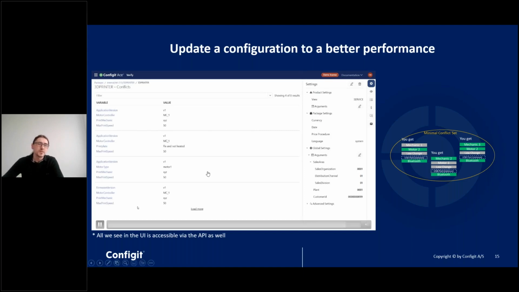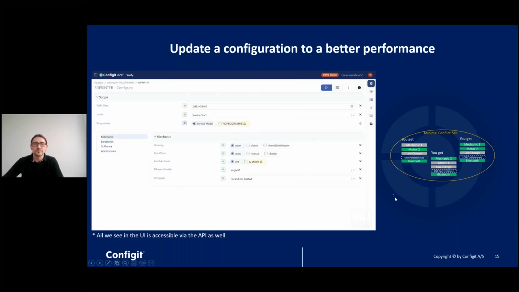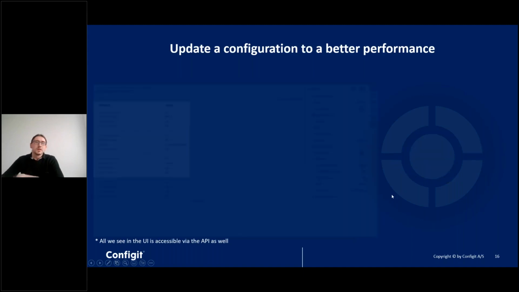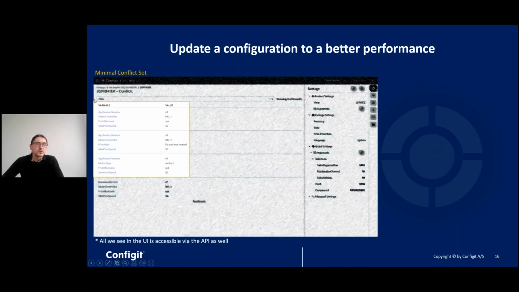When we look deeper into the conflict details, we can see what combinations are available. It might look a little strange at first what information is presented here, so let me give you a little more introduction to what we see. We will focus on one group here.